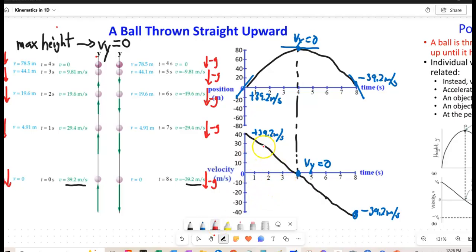And this slope at any given point in time, that acceleration, which is the slope, is negative g, which is negative 9.8 meters per second squared.